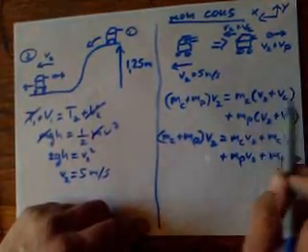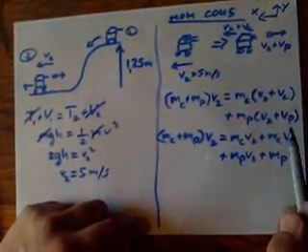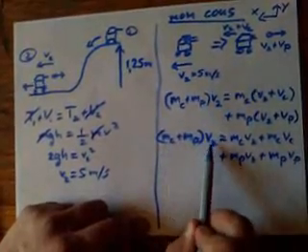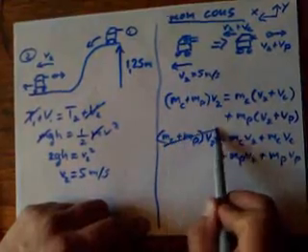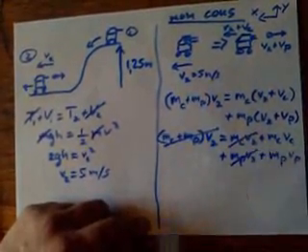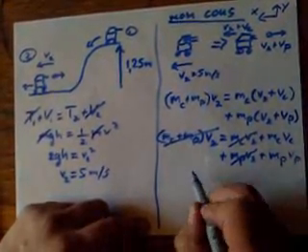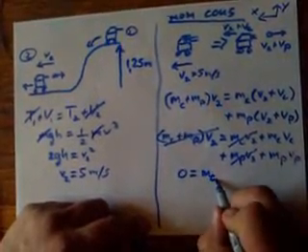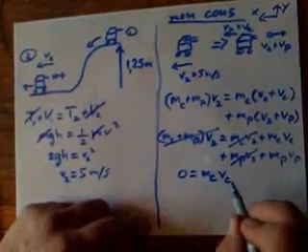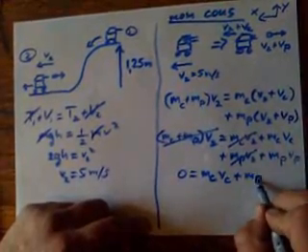So I've just basically multiplied this out. But what you can immediately see is mcv2 you've got here, mpv2 you've got here. So these terms immediately cancel, and the equation that I am left with is this one. 0 is just equal to mcvc plus mpvp.